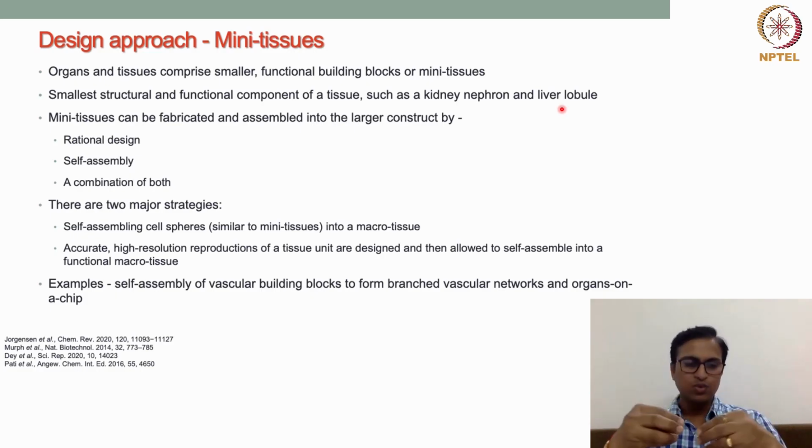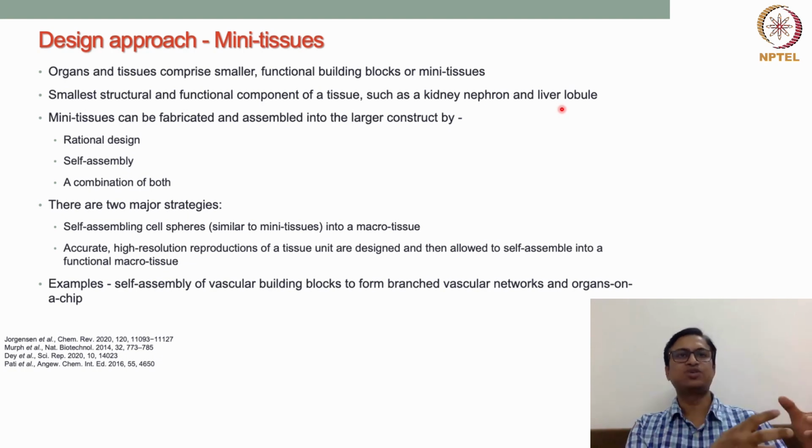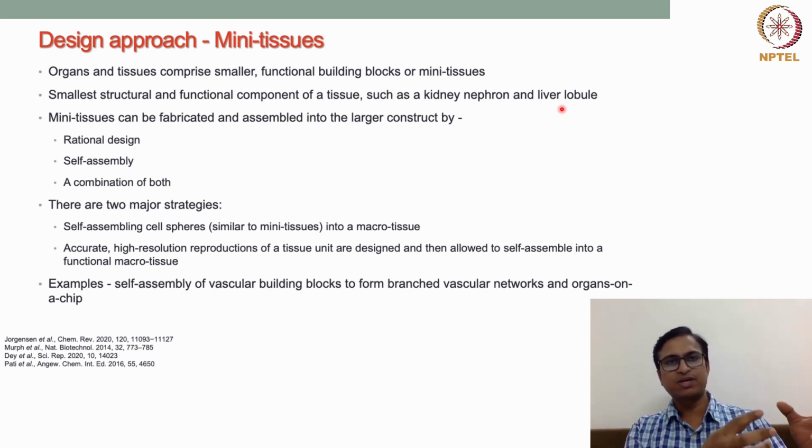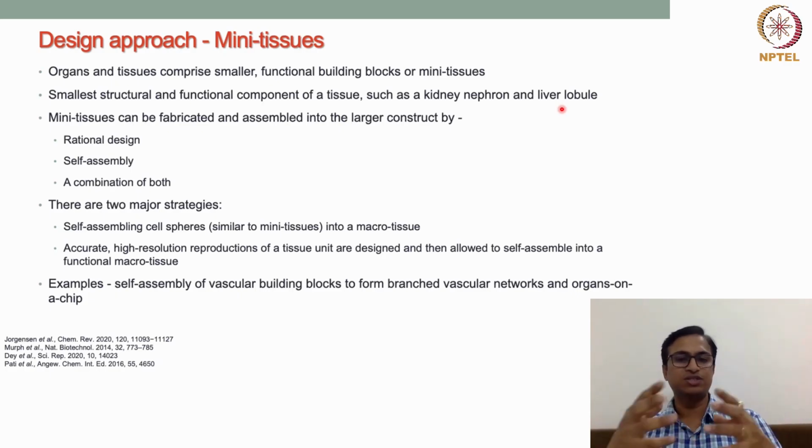Here we are not relying on the self assembly of the cells. We are putting the cells in a particular order, mimicking the actual tissue microarchitecture or cell organization. There we reproduce it in a high resolution manner, and that is the mini tissue, and then allow them to self-assemble into a functional macro tissue.